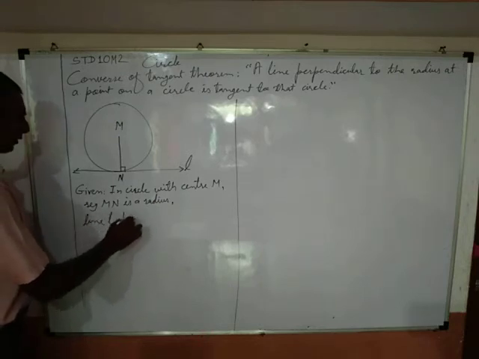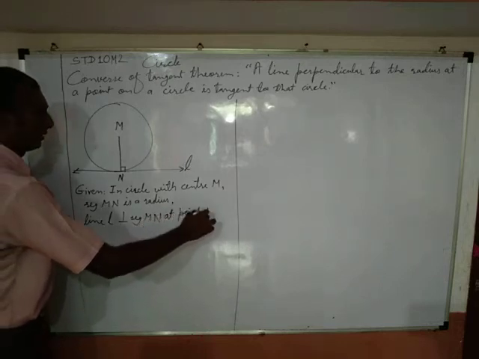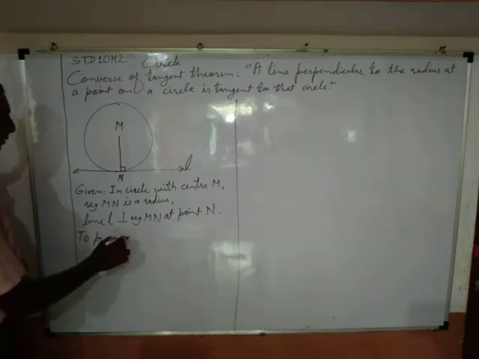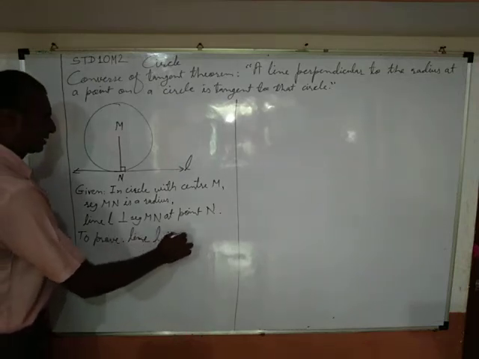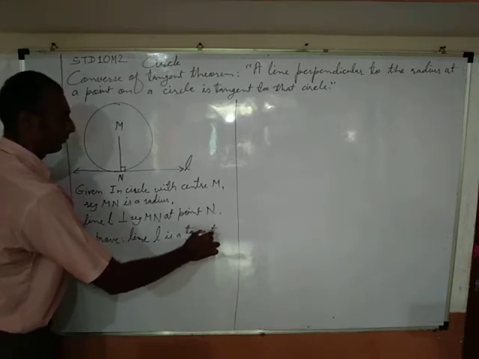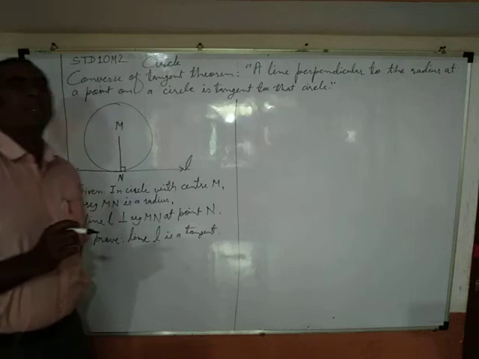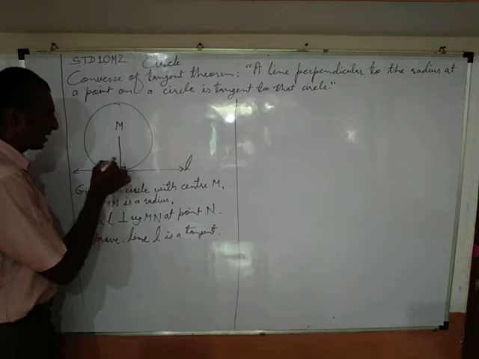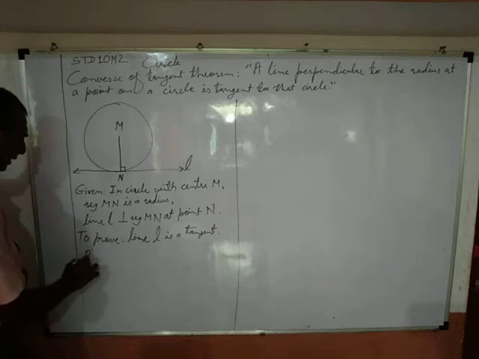Line L is perpendicular to seg MN at point N. To prove: line L is a tangent. Okay, now we know that a tangent is a line in the plane of a circle having one and only one point common with the circle. Means we are interested to prove N is the point which lies on line L as well as on the circle.